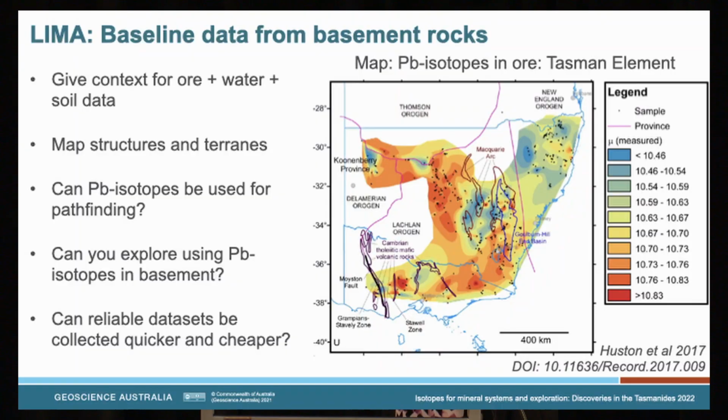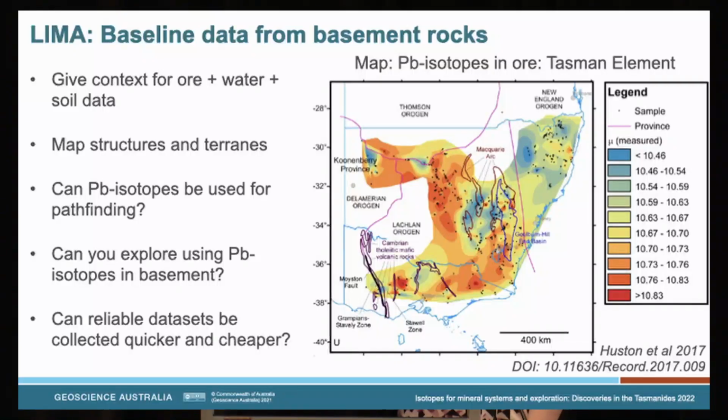There's also, alongside the ore data, a huge database of water lead and soil lead isotopes at GA. So if we get the basement rocks, we can start linking all these together and really using all of them to their full extent. As part of this, we're trying to understand: can lead isotopes be used for pathfinding, vectoring, exploring away from the deposit more clearly, and what are the barriers?